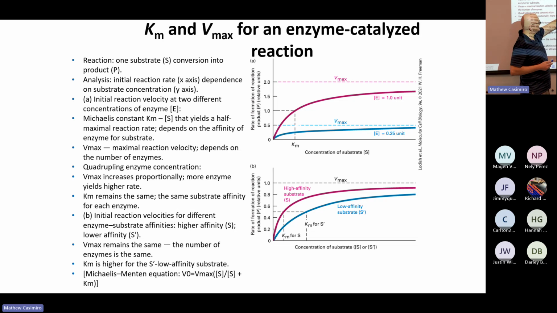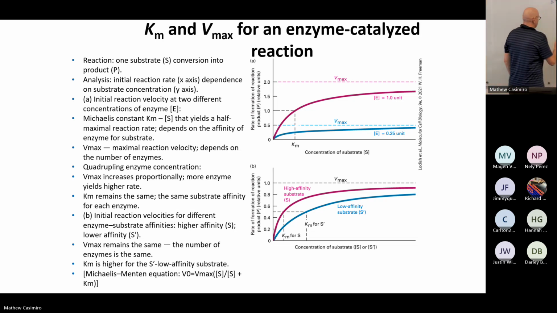And Km is the value of the substrate concentration at which we achieve half maximal velocity. There's a relationship between the binding affinity and the velocity of the reaction. So the binding affinity is given by a constant which we call Kd.